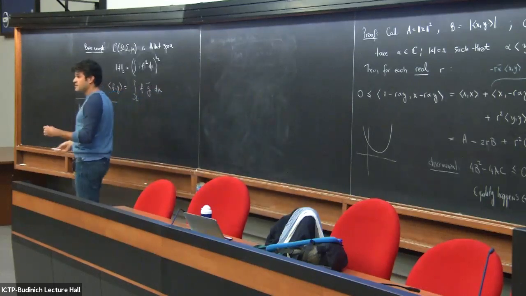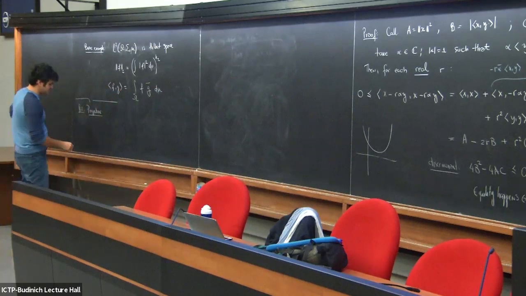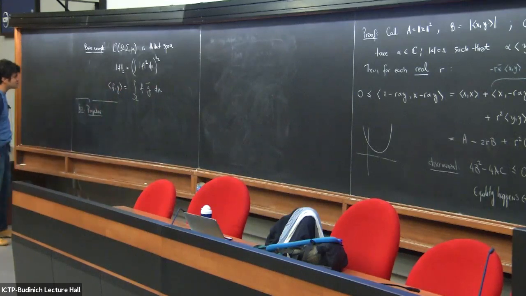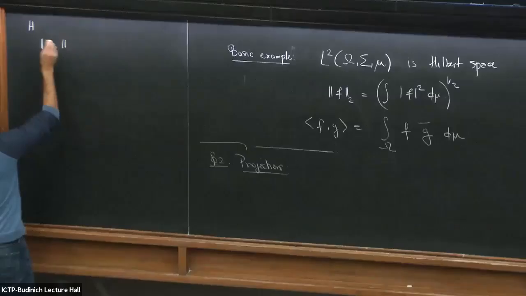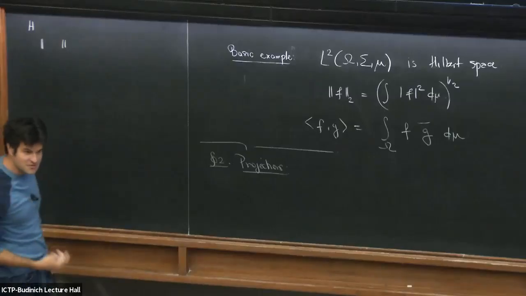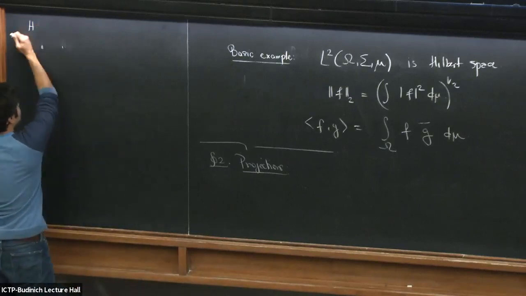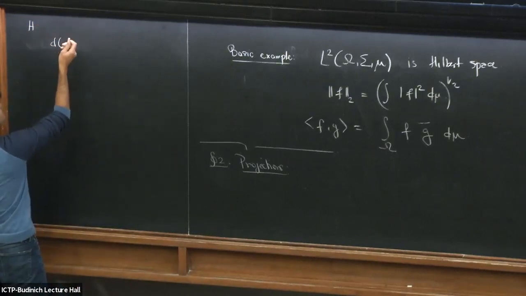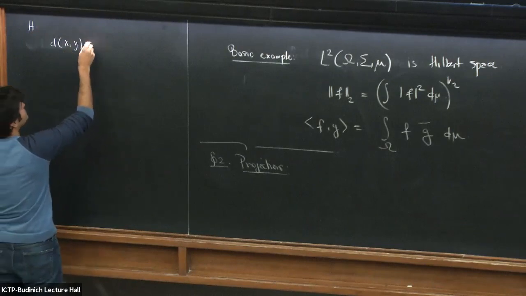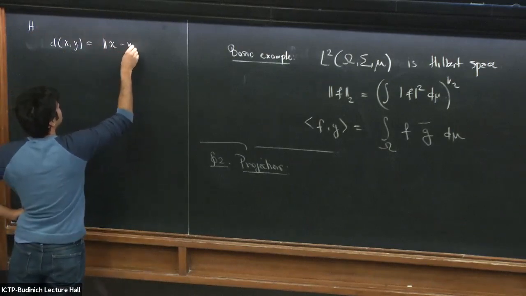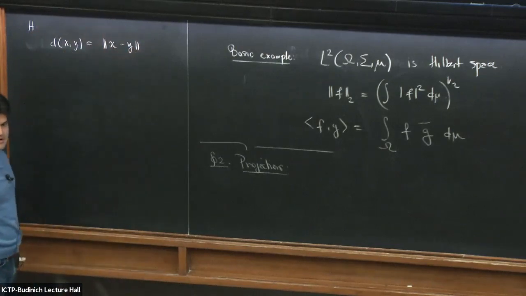So you are there minding your own business, you have a Hilbert space, you have a norm. Every time that you have a space H, a Banach space with a norm, this is a metric space. You can define the distance between 2 points as just the norm of x minus y.